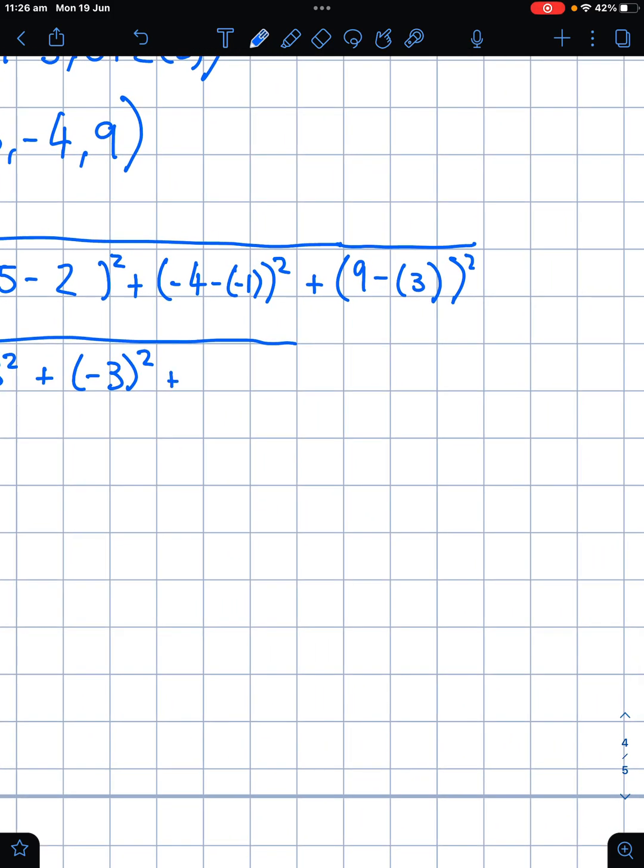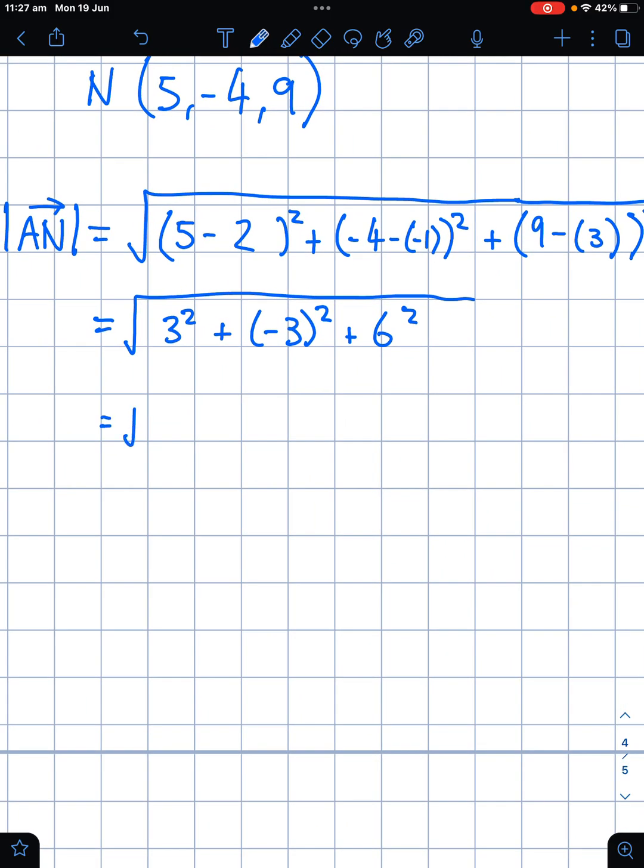And then this last one is going to be 6 squared, so it's the square root of 9 plus 9, which is 18, plus 36, which means 54. So the distance is square root 54 units.